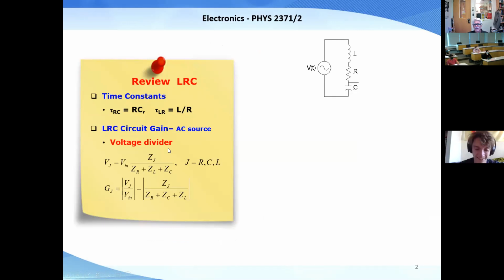The impedances can be complex numbers. So if you put them in a voltage divider, you can calculate the gain, which is just the voltage on a component versus voltage in. Here's voltage in, say it's a sine wave, and here's the voltage of a component that you want to measure. And it's just a ratio of resistances, just like a regular voltage divider.